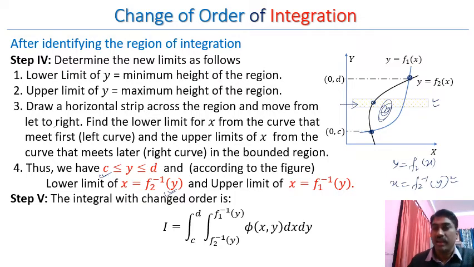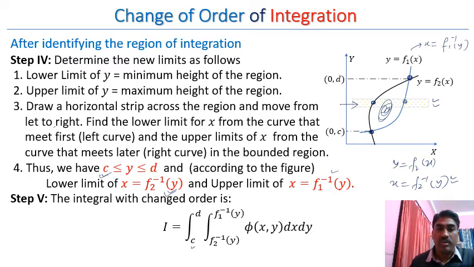Then the final curve, means the second curve that you meet last, lies on the right side. So this is the right curve, y is equal to f1(x). So this will give you x is equal to f1 inverse of y. So this is the upper limit of x. So now we have obtained the lower and upper limits of x and y, and just put these limits.